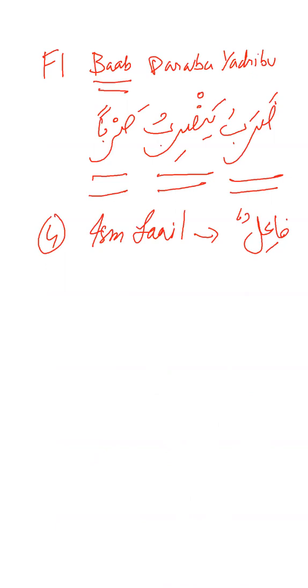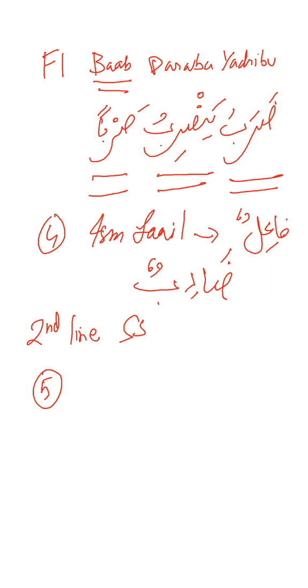So for this family, what will be ism fa'il? Daribun. So daraba yadribu darban fahuwa daribun. Now the second line, Sarf Sagheer number 5, past passive.